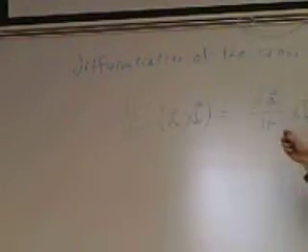You can see why this is sort of like a product rule: the derivative of one crossed with the other, plus the first one crossed with the derivative of the second one. So think of the cross product as the product rule. We will ultimately get into applications of this, but I'm not going to go through it right now. But that's what it is.